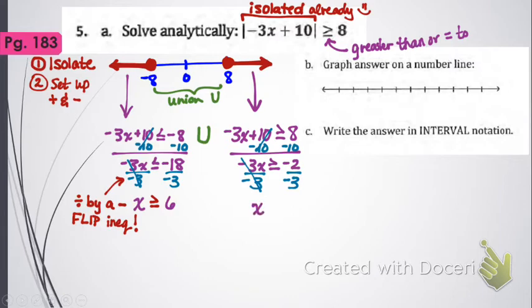So I have x is less than or equal to 2/3. Again, inequality flipped because we divided by a negative. And I'm going to have a union in between those.